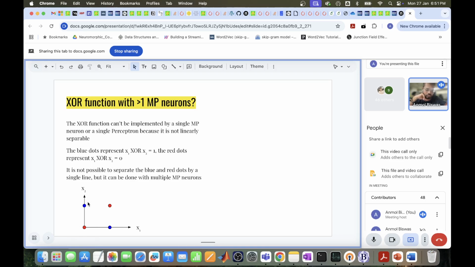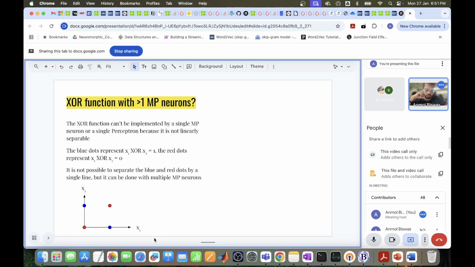We can figure it out very simply just by drawing the points and marking them as positive samples or negative samples. Positive samples are the ones that give an output of one, and negative samples give an output of zero.